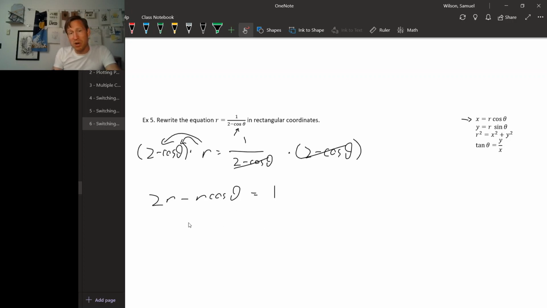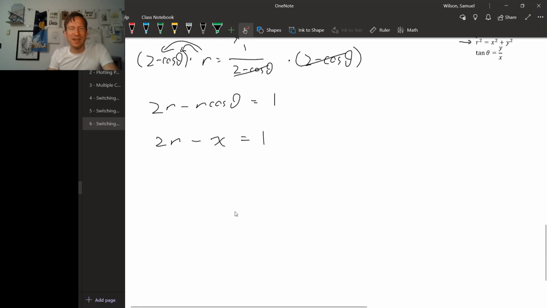This feels like a partial success at least, because r cosine theta, that's x. So now we have 2r minus x equals 1. So we have this r by itself. We've seen before that if we can get this r to be squared, then we could use our Pythagorean shortcut equation here. And maybe we have two ways we could make this r squared.